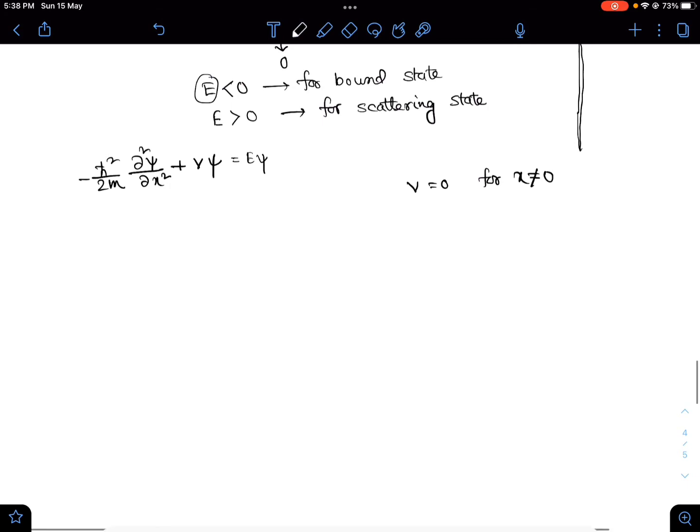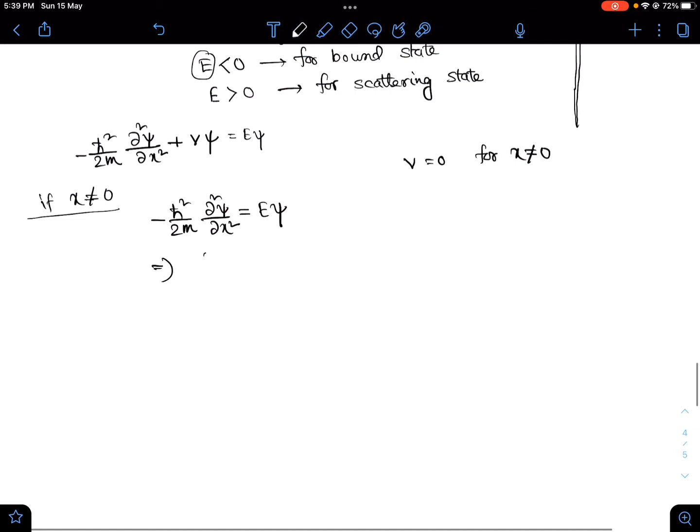If x not equal to 0, then we will have the Schrödinger equation minus h cut square by 2m del 2 psi del x square equal to E psi, because potential is 0. So del 2 psi del x square will give us minus 2m E by h cut square into psi.